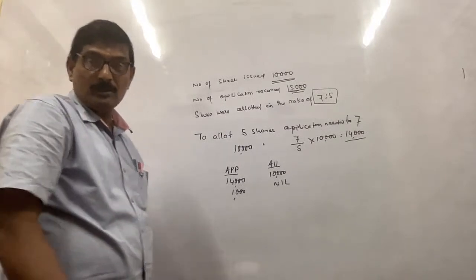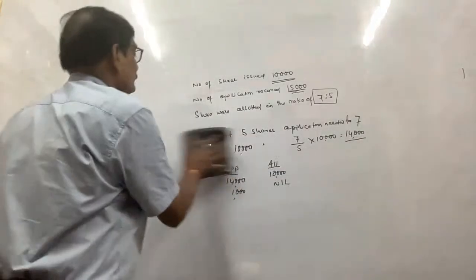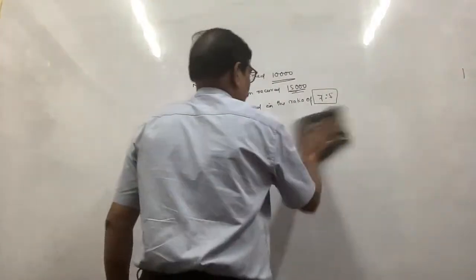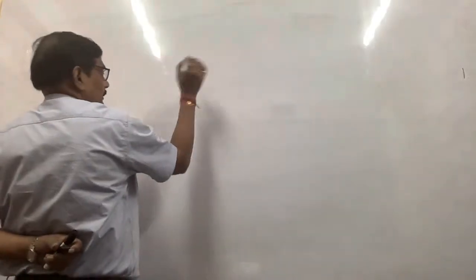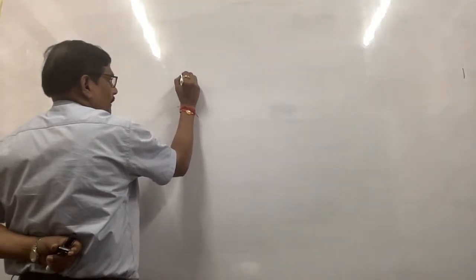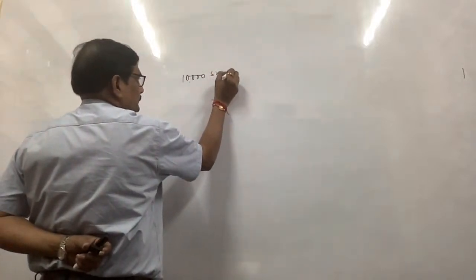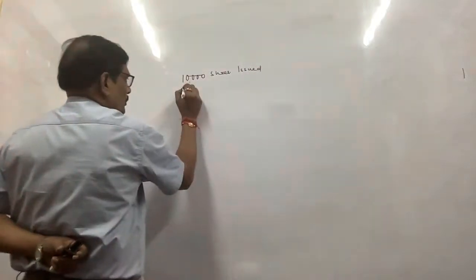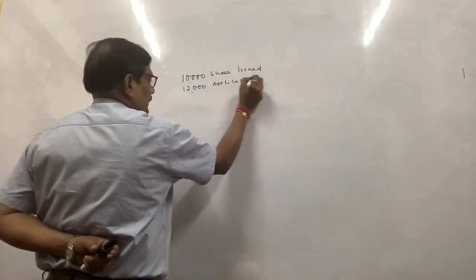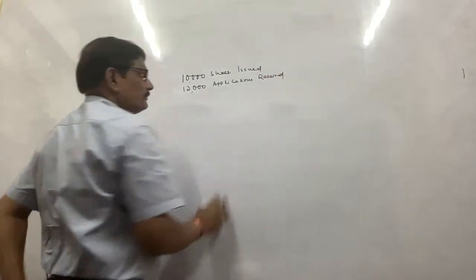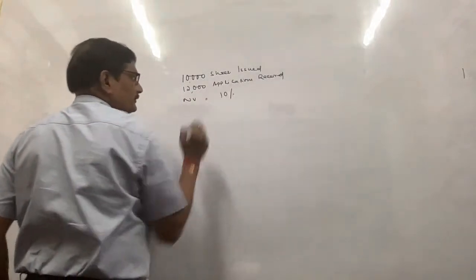Now let us understand the calculations. Now see. 10,000 shares issued, 12,000 applications received. Nominal value is say 10.